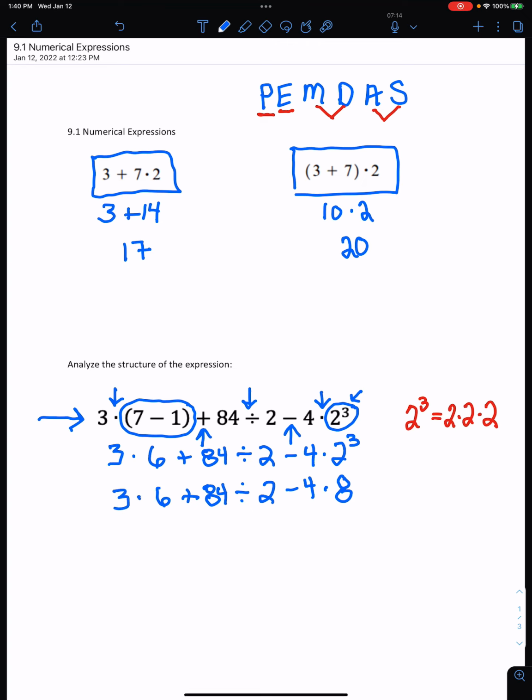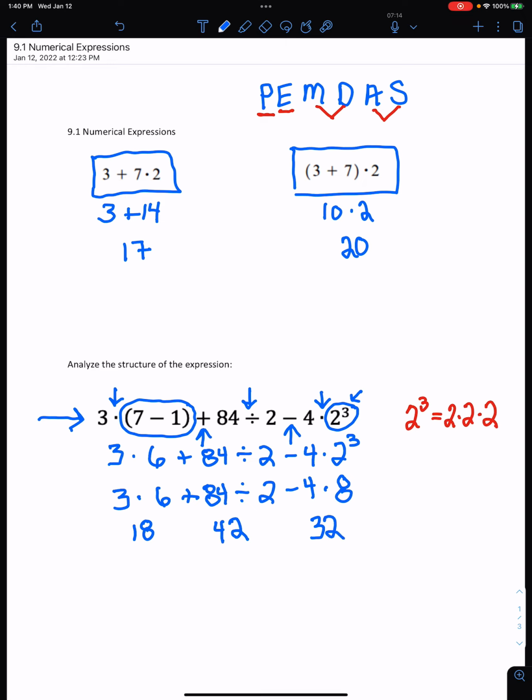Next, I'm going to do my multiplication and division. So I've got 3 times 6 is 18. 84 divided by 2 is 42. And 4 times 8 is 32.